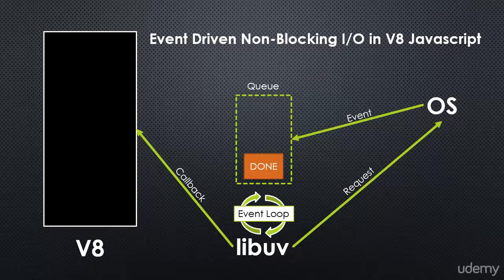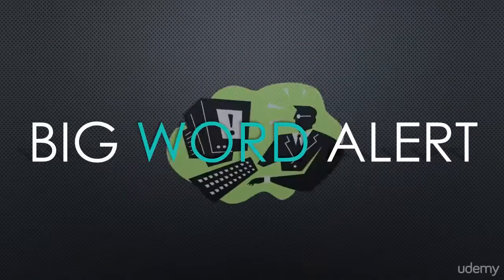These things happen at a core level within your computer system and within a server. And so the event-driven part is where we're asking for these things to happen, and then we're getting an event notification when it's done. So we get this event in the queue, the event has happened, and the loop is constantly checking for that. And because your code, your JavaScript code, can continue to run, this is called non-blocking. Big word alert.